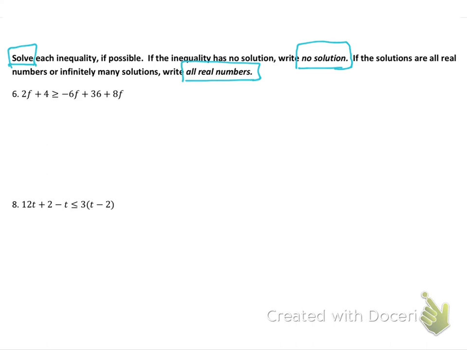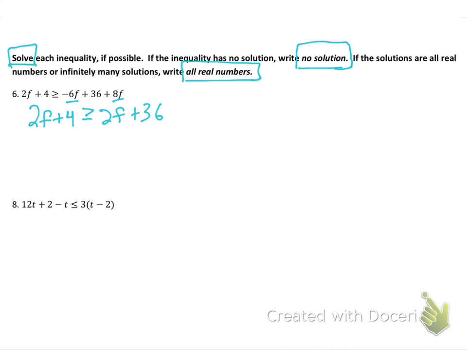So for number 6 here, just like the other ones, we want to combine like terms and simplify, and then we're going to try to solve for one of the variables. So I see on my right side that there's a negative 6f and there's an 8f. So I want to combine those two. So I'm going to do that, and I get 2f plus 4 is greater than or equal to 2f plus 36.